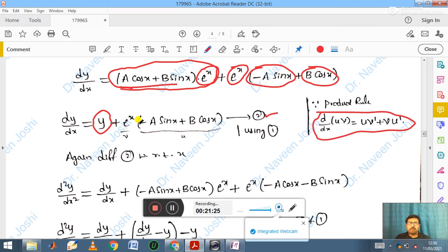Then again go for one more differentiation, one more time. Here also you treat minus a sin x plus b cos x as first function u and e power x as second function v.